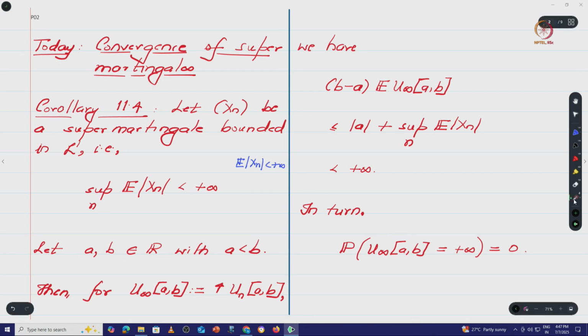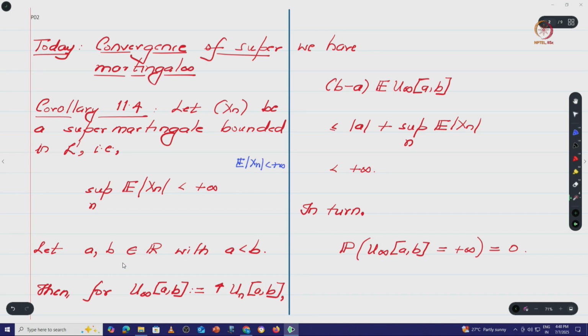Here we are saying something more. We are saying that the supremum of the expected value of |Xn| is less than infinity. That is, we are not just saying that every Xn is integrable, we are also saying, importantly, that the supremum of these expectations is finite. So let us presume that such a condition holds for the given super martingale.